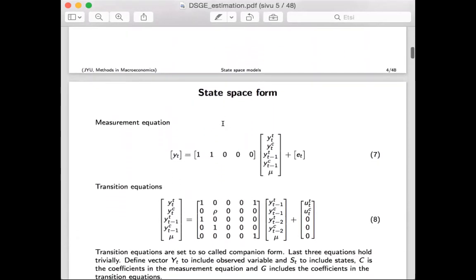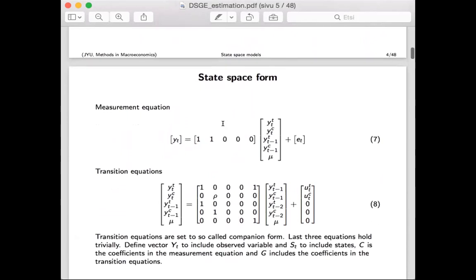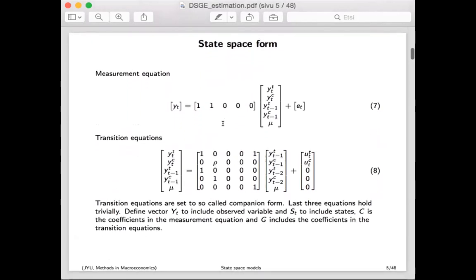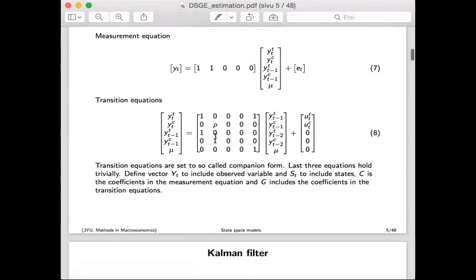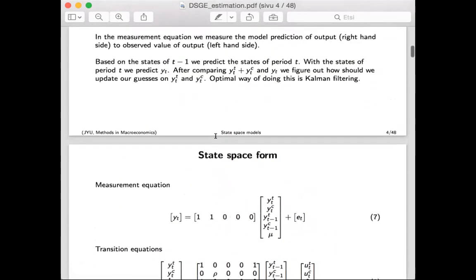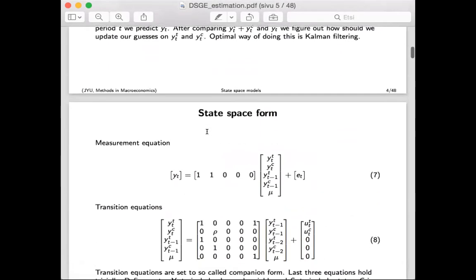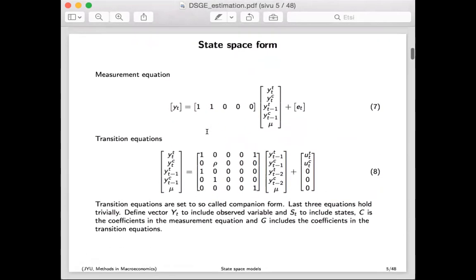Let's put the measurement and transition equations into matrix form. The transition equations are in so-called companion form, where we have, besides these coefficients that we have here, this state vector.